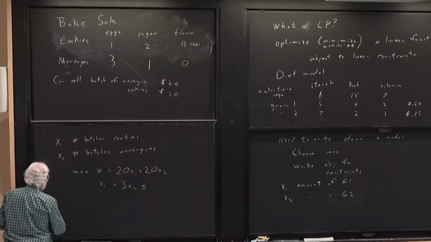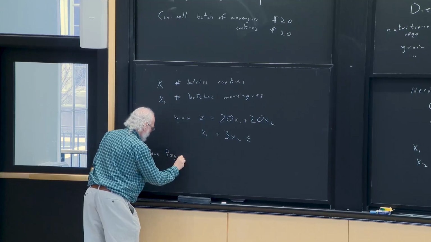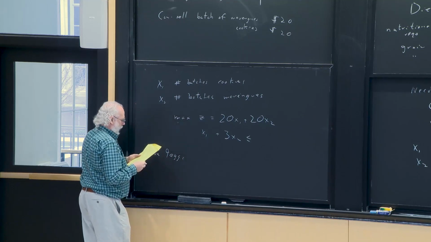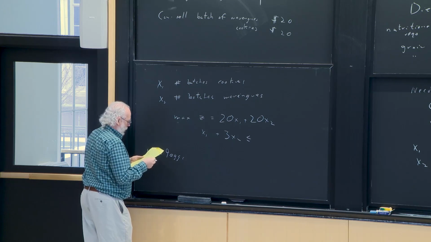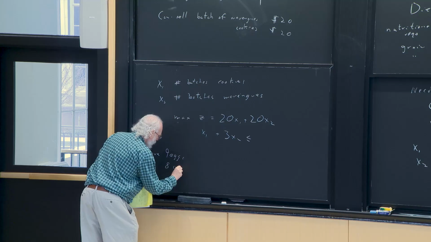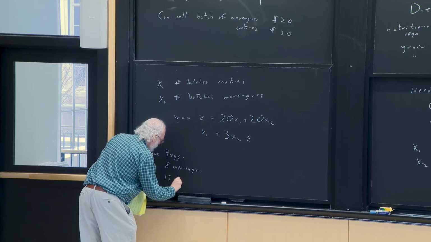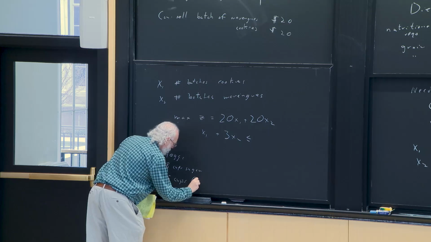Okay, so let's say we have 9 eggs, 8 cups of sugar, and 15 cups flour.